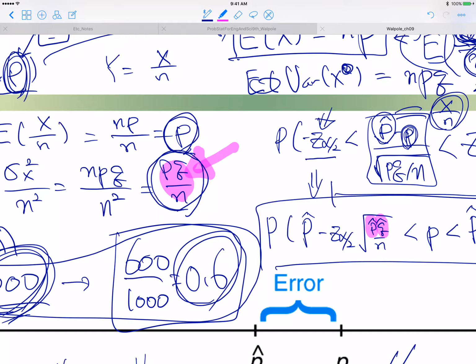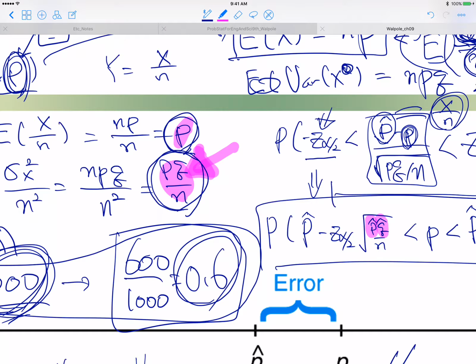Our estimator x over n has an expectation of exactly the true parameter p, but we have to know this variance part, right?